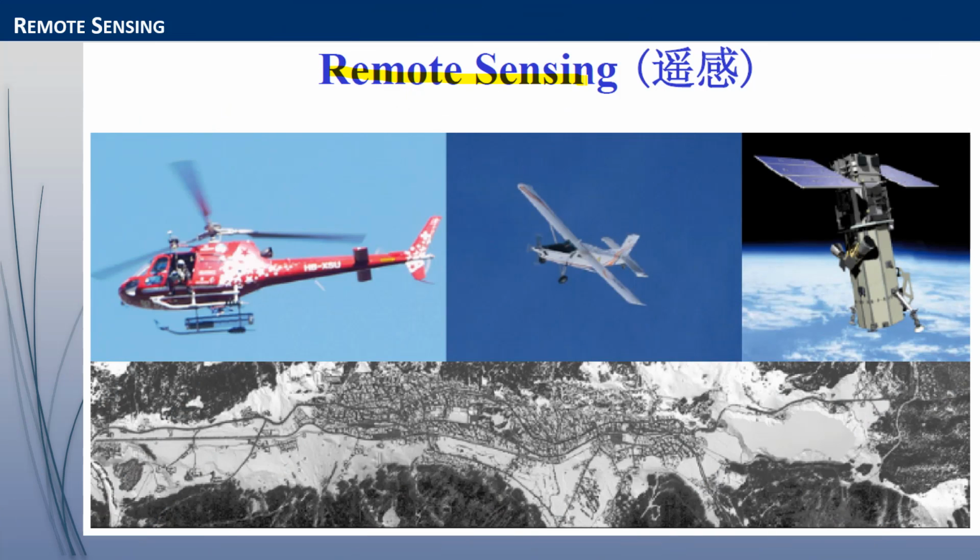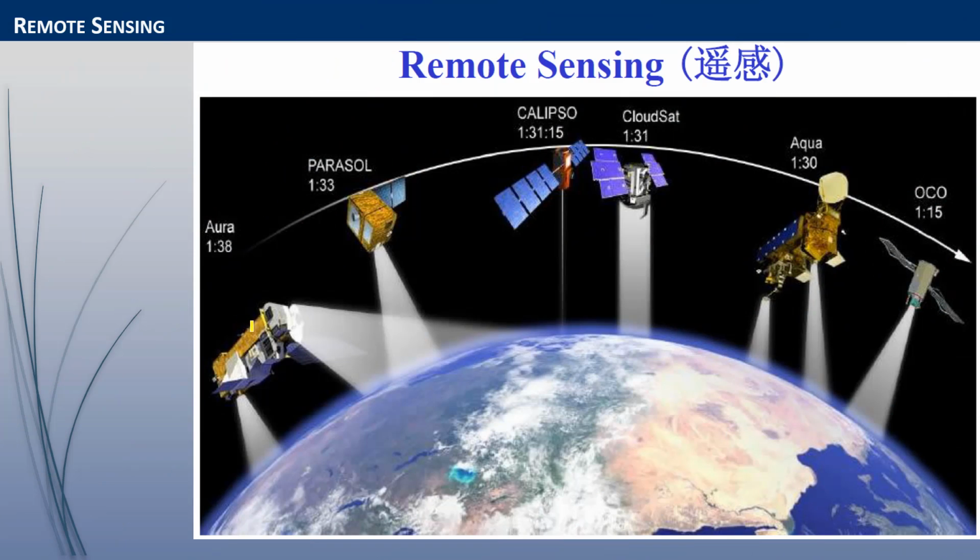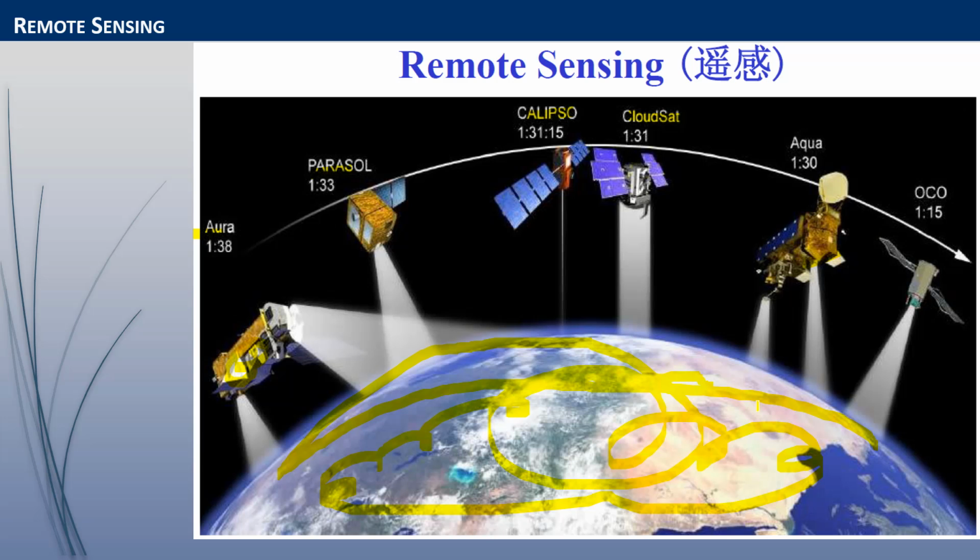These are the vehicles and tools for remote sensing: helicopters, planes, and satellites. And this is the kind of aerial image captured by these remote sensing tools or vehicles. These are different kinds of satellites: Aura, Parasol, Calypso, CloudSat, Aqua. You can see these satellites are used for capturing aerial images of the Earth's surface.